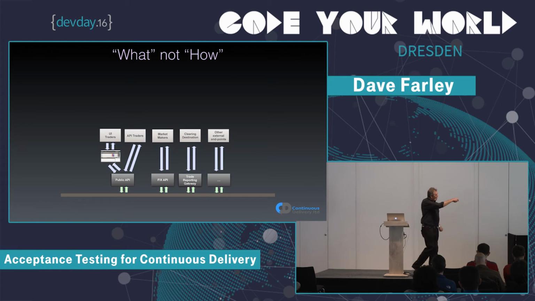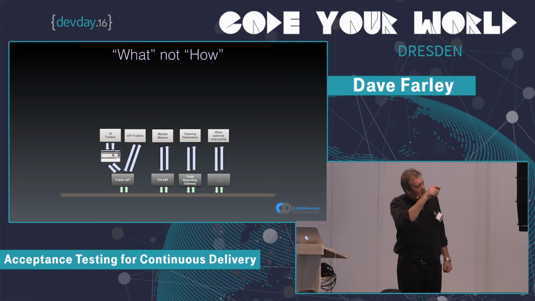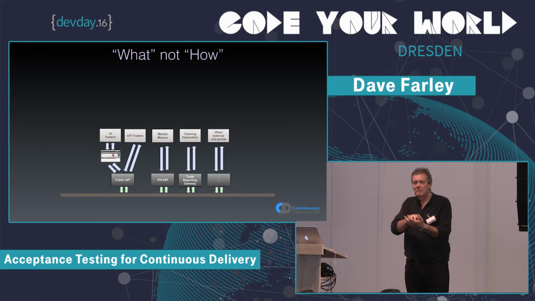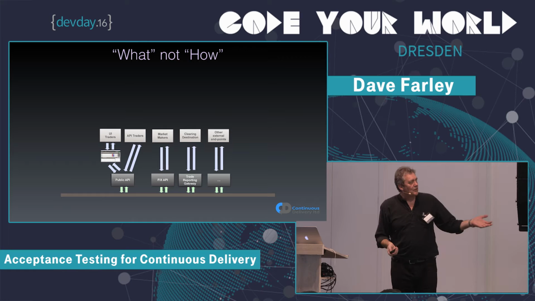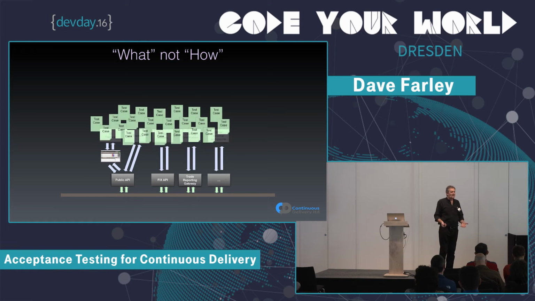The boxes connected to the bus at the bottom are the channels of communication that those users use to interact with the system. Typically for a system like this, if we were going to write automated tests, we'd replace the users' interaction with a bunch of automated tests that interact with the system.